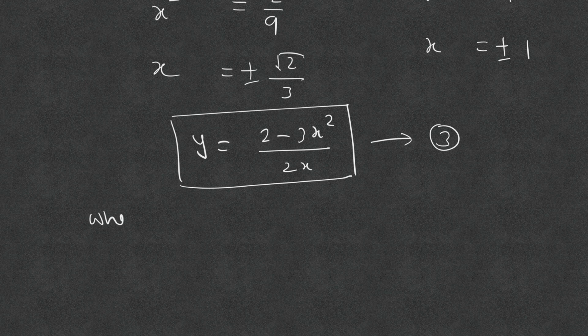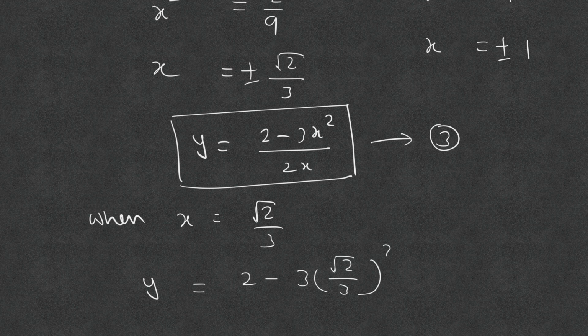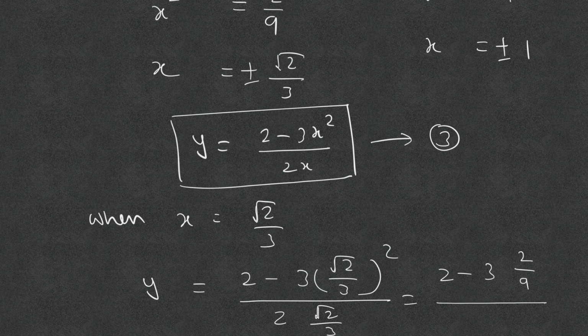When x is root 2 over 3, y equals 2 minus 3 times (root 2 over 3) squared, divided by 2 times root 2 over 3, which gives us 2 minus 3 times 2 over 9, divided by 2 times root 2 over 3.